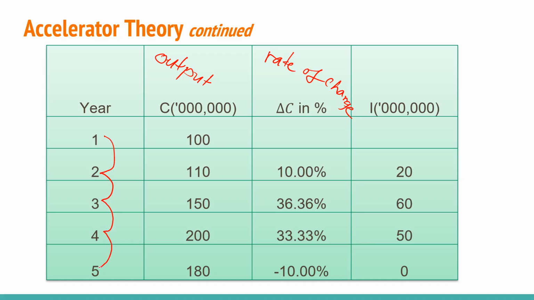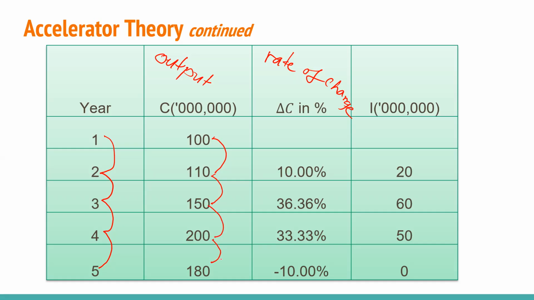So if you see an increase over these 5 years, year 1, year 2, year 3, year 4, and year 5, the output level changes from 100 million to 110 million, 110 million to 150 million, 150 million to 200 million, and then it decreases to 180.